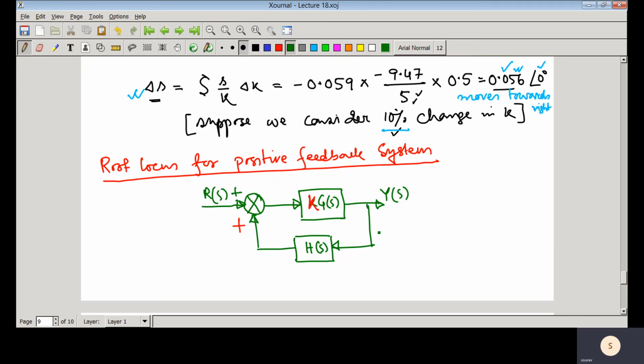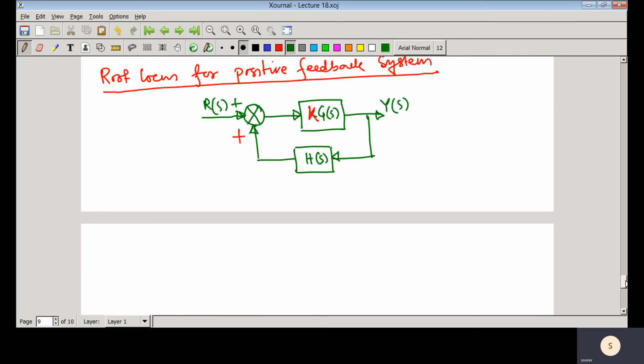So in this particular case, the 7 rules that you have discussed, how will those rules change if we consider positive feedback?